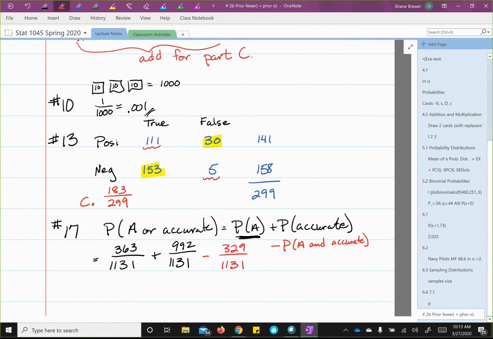So if we take all of those, the easy way to do this is to realize, oh, these are all fractions. They already have a common denominator. So I can just go 363 plus 992 minus 329, and then divide that answer by 1133.